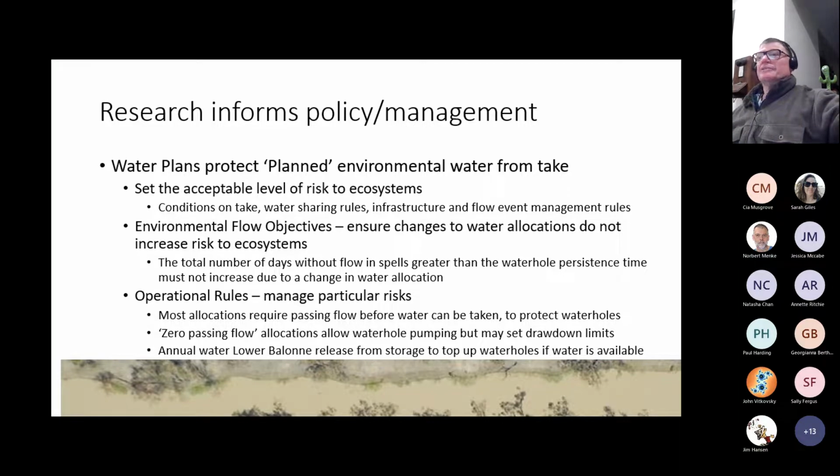There's also operational rules, which are designed to manage particular risks. For example, most allocations require a passing flow of a particular volume before water can be taken, and this is partly to protect waterholes. Some, however, have what's known as a zero passing flow allocation, which means the holder of that entitlement can take water directly from a waterhole during no flow periods, but it may then set drawdown limits or annual volumetric limits to how much they can take.